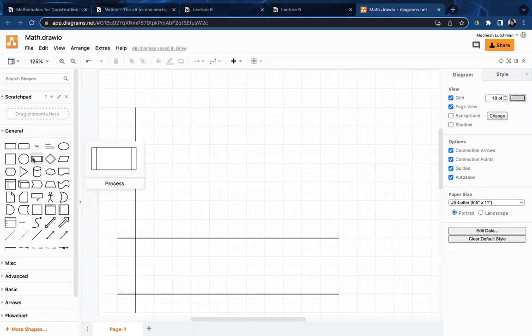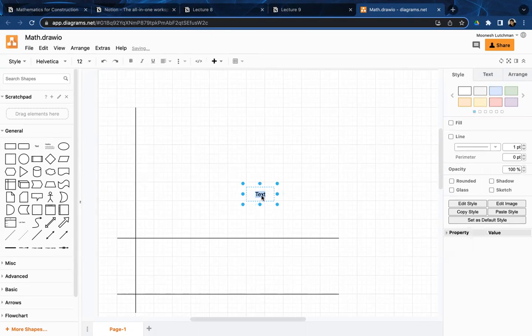Now you could try and label it. You could say this is 1 here.